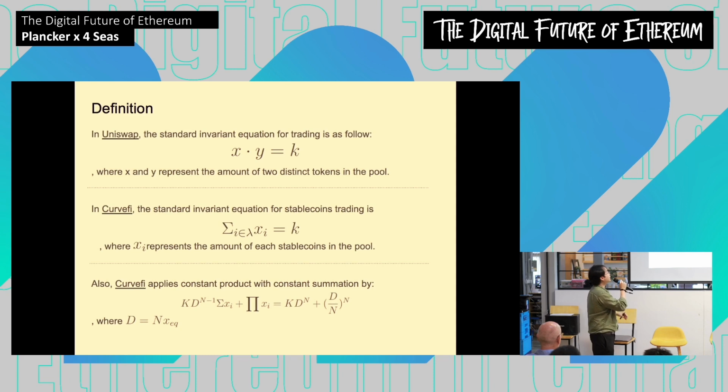They use a linear summation instead of just the product. And then they applied it again to the case of non-stablecoins, but with multi-assets in the same pool. So this case is a little bit tricky.